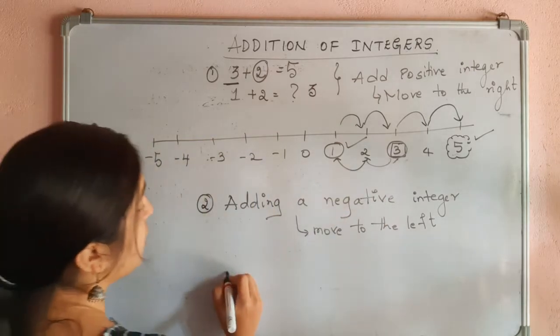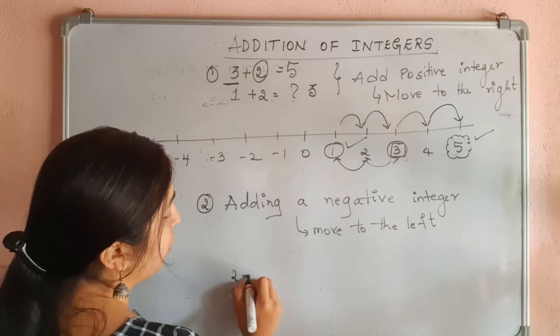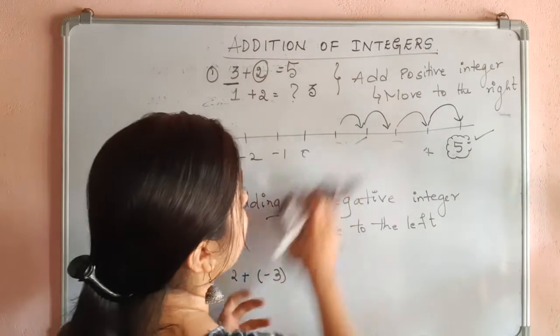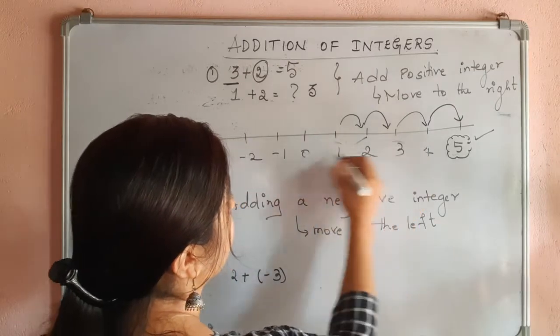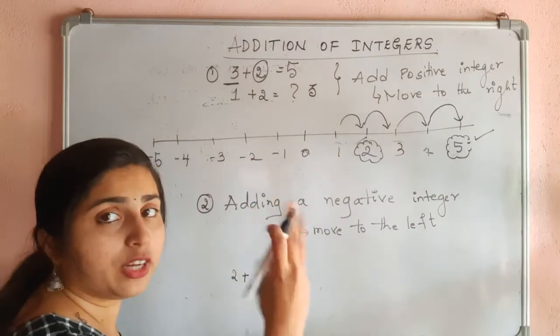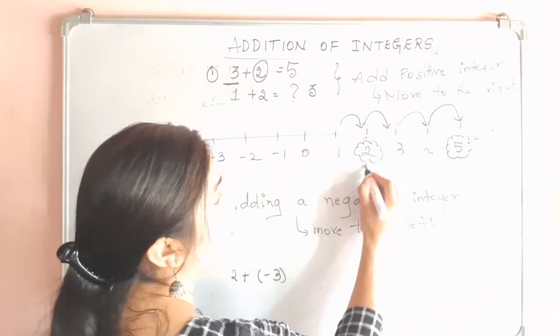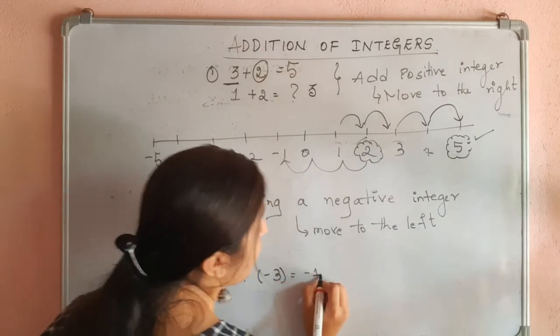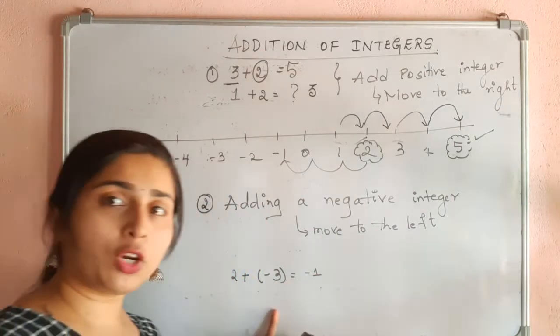If I consider 2 plus -3, first you have to mark 2. This is 2. Now I have to move 3 units to the left. 1, 2, 3. So this gives you -1. So what was our normal method?